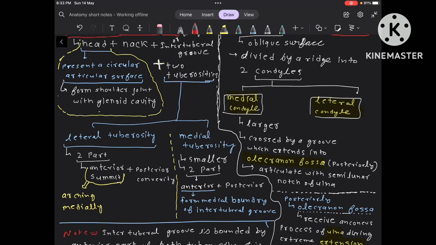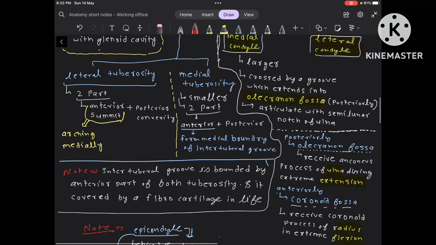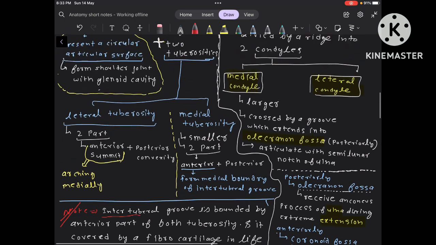The anterior part forms the medial boundary of the intertuberal groove. The intertuberal groove is bounded by the anterior parts of the two tuberosities and it is covered by fibrocartilage in life.